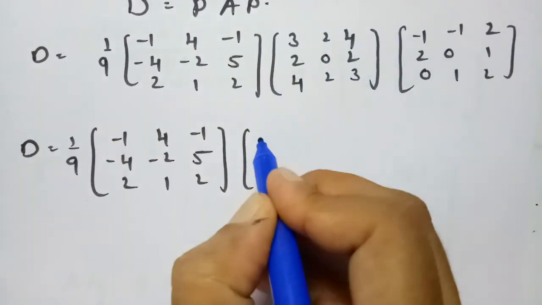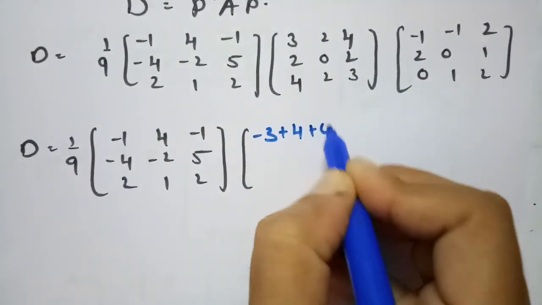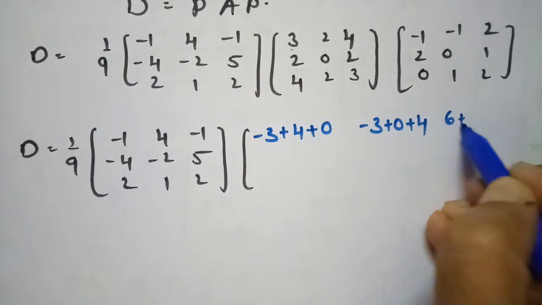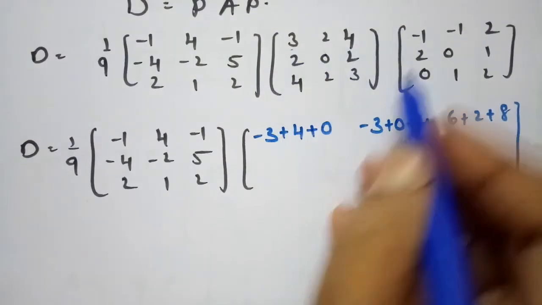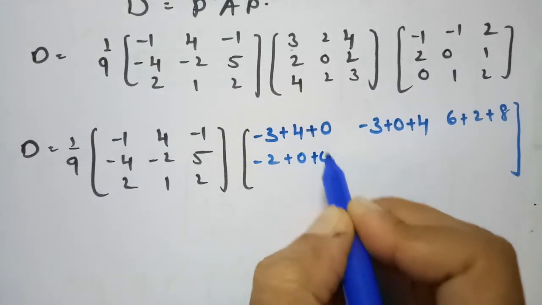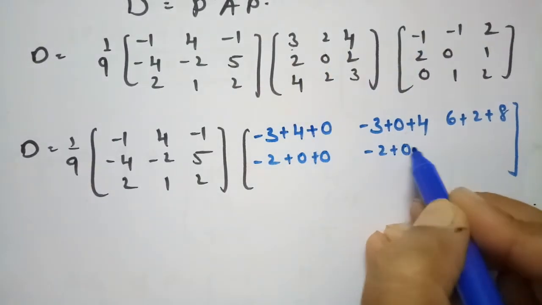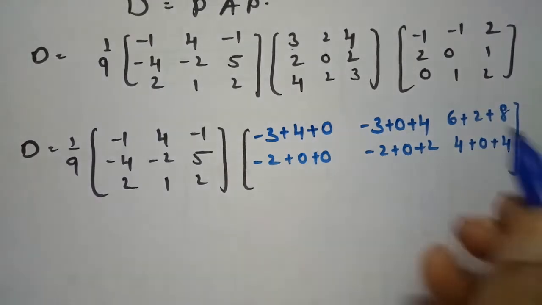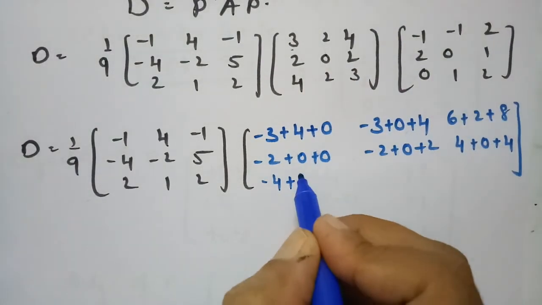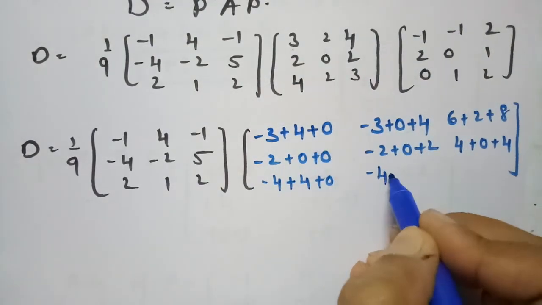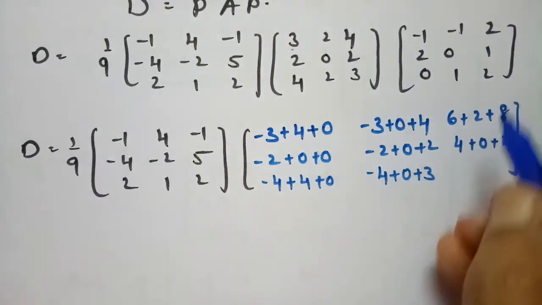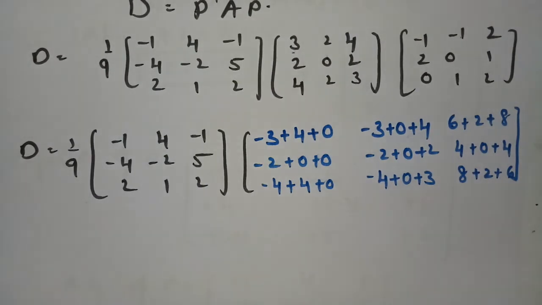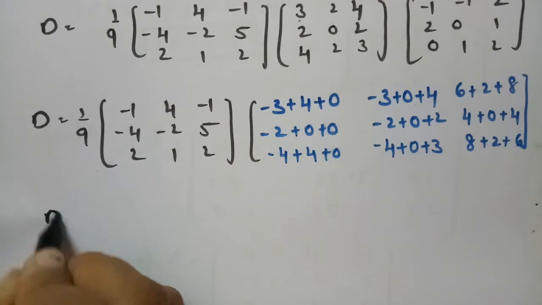This is -3 + 4 + 0, then -3 + 0 + 4, then 6 + 2 + 8, then -2 + 0 + 0, then -2 + 0 + 2, then 4 + 0 + 4, then -4 + 4 + 0, then -4 + 0 + 3, and 8 + 2 + 6.